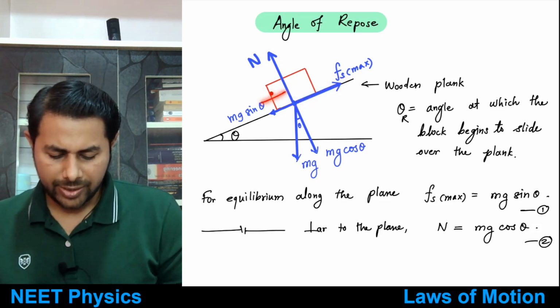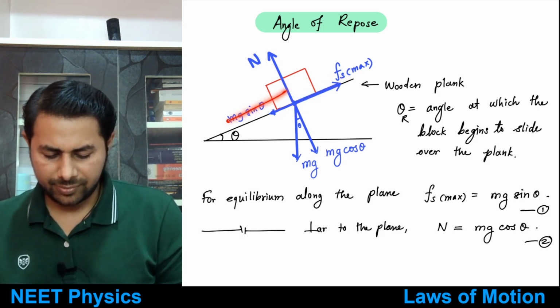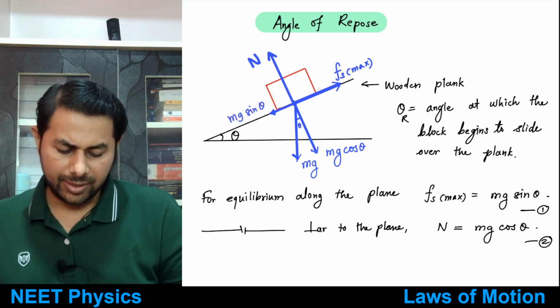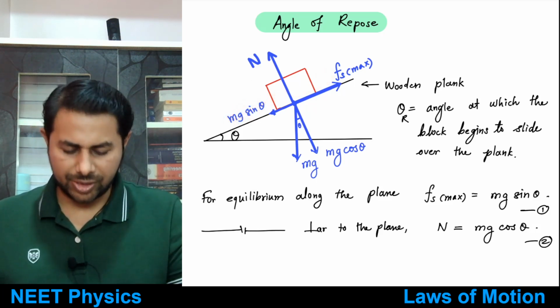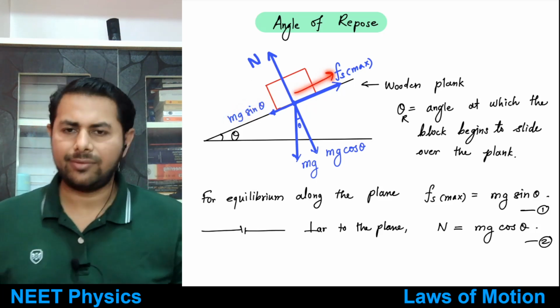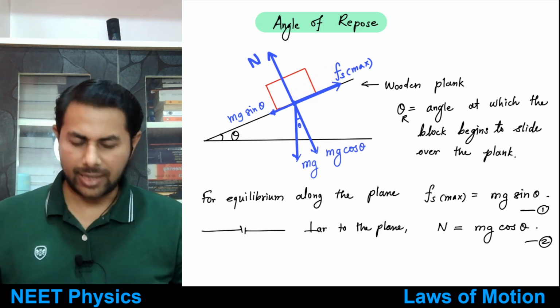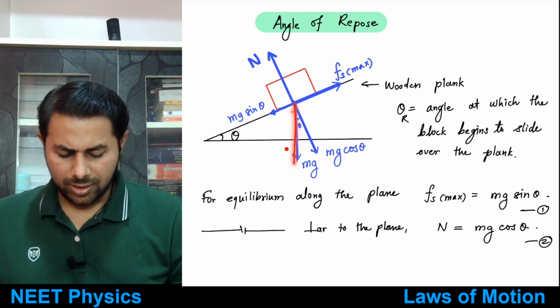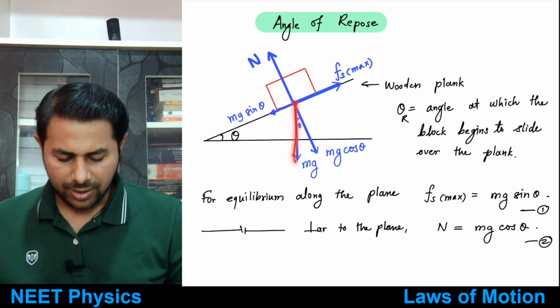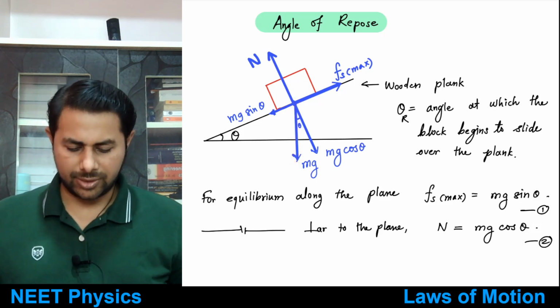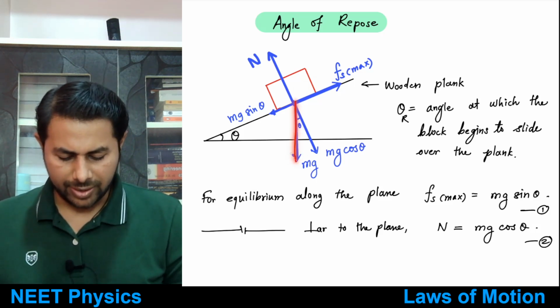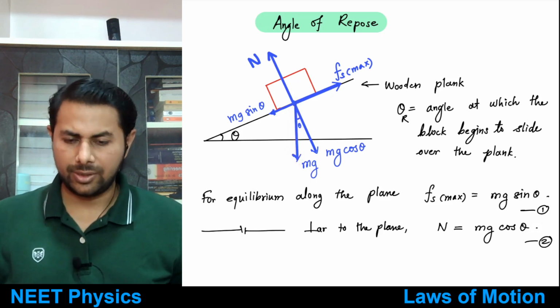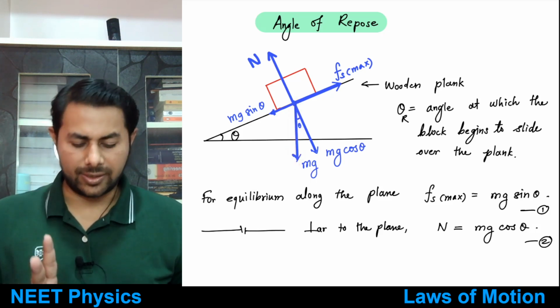So if the block slides down the plane, then friction would be acting up the plane. Then you have gravity, or the weight of the block, which always acts downwards. So these three forces are acting there.